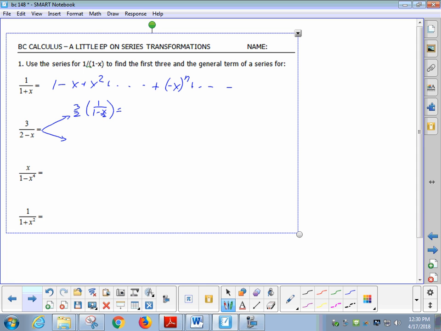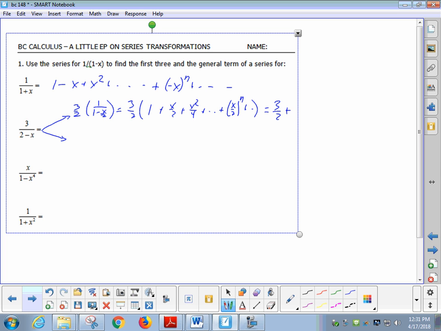Okay, now really, if they say a series, it's probably not okay to have that 3 halves out there. You really need to distribute it into every term. Otherwise, it's not really a series, which is the sum of infinitely many terms. It's a product. And so, you probably need to distribute if you did this. 1 plus x over 2 plus x squared over 4 plus x over 2 quantity to the n, which, if we were to do this in a geometric way, we would be saying a1 is 3 halves, and we're multiplying by x over 2 each time.